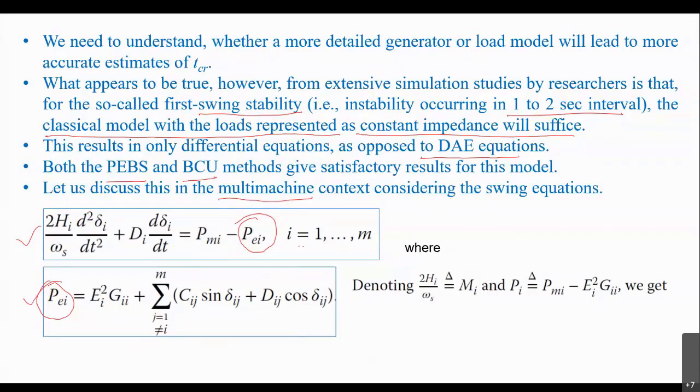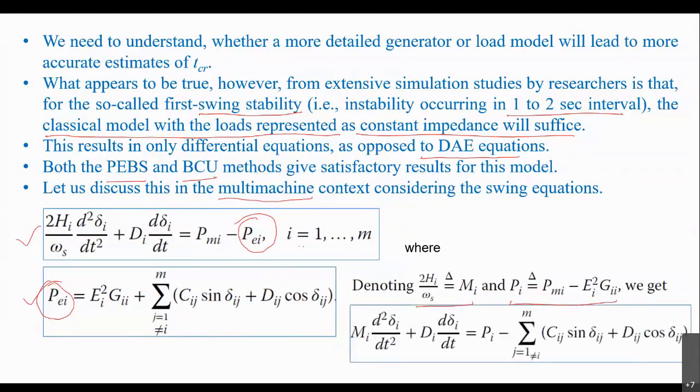We will denote here 2Hi by omega s equal to Mi and Pi equal to Pmi minus Ei square Gii. Then we get this expression: Mi d square delta i by dt square plus Di d delta i by dt equal to Pi minus the rest of the terms.